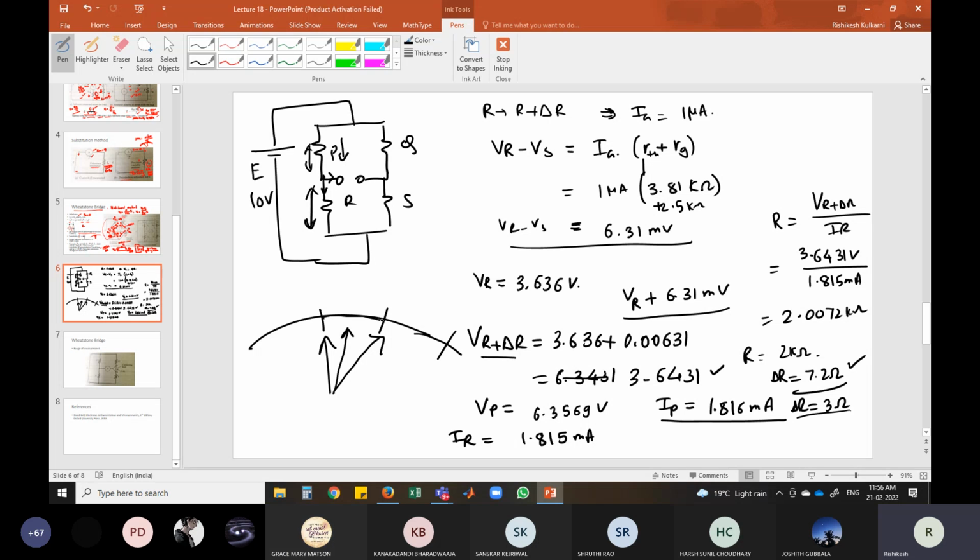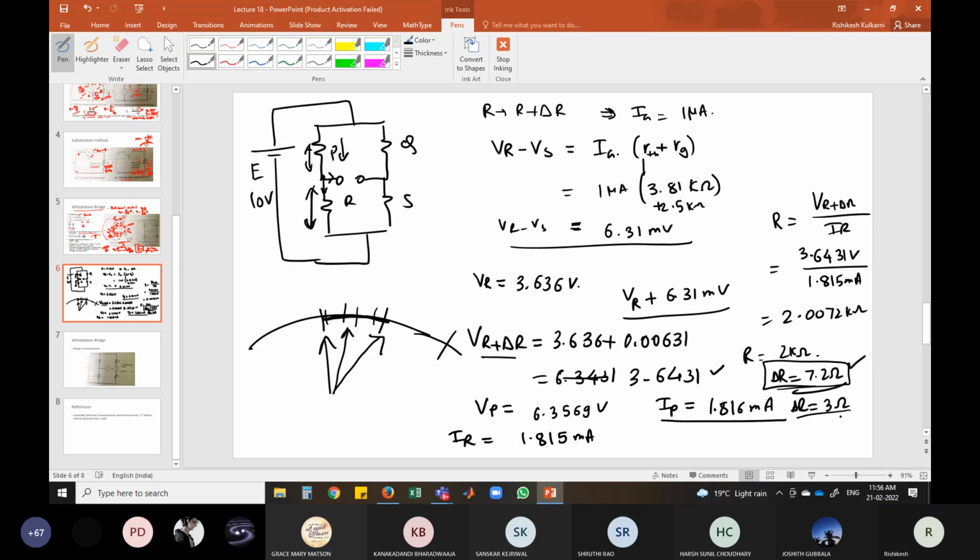That's why 1 mm is the minimum change I can detect. That's why the value we calculated is the minimum detectable change in resistance by the Wheatstone bridge.